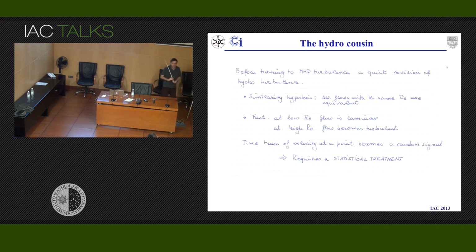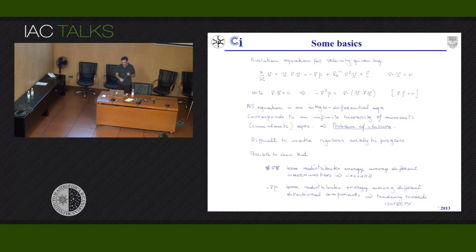And when it becomes a random signal, you decide that the only way you're going to describe this funny velocity is by a statistical treatment. So all the theories of turbulence that I know are statistical theories. You don't really care about the value of the velocity because it's just a fluctuating quantity, and in itself it has no meaning at all. The things that you want are the distribution functions, the moments, the cumulants, all these good things.